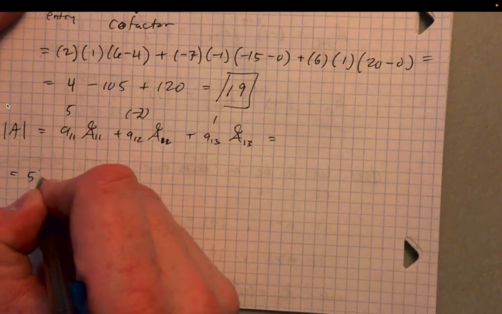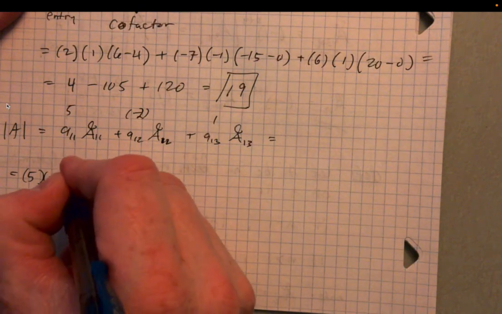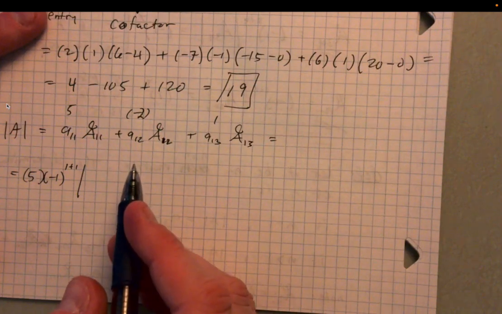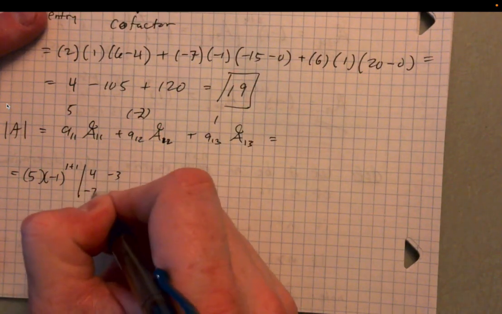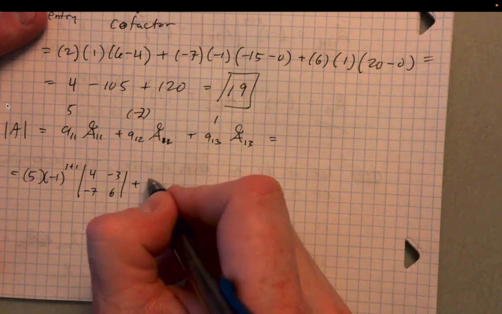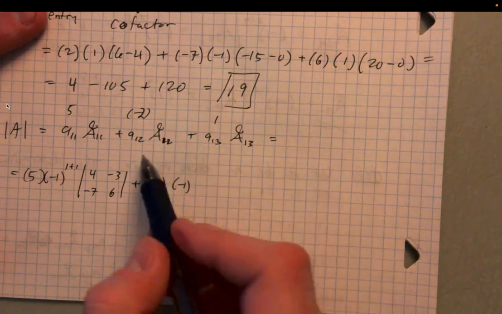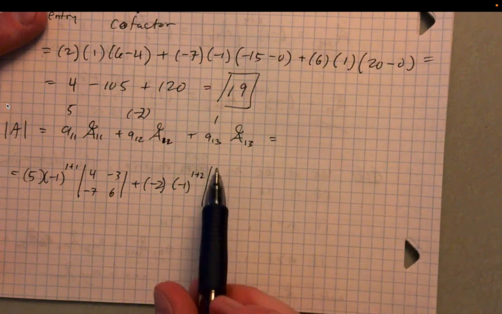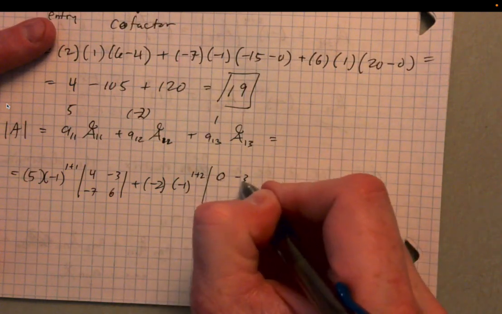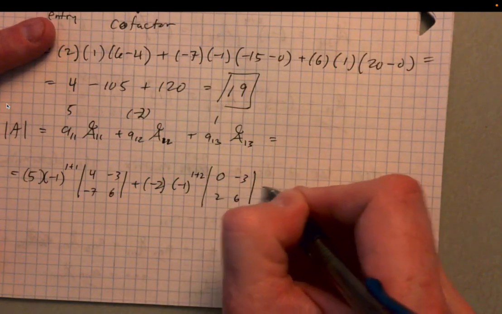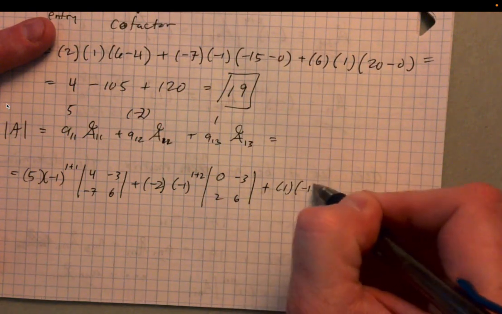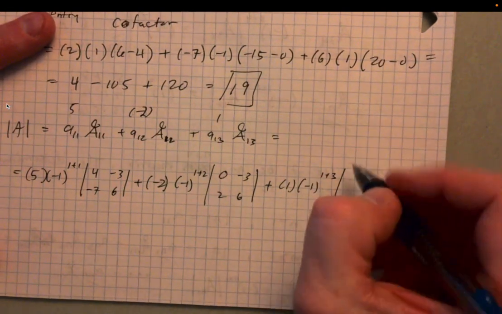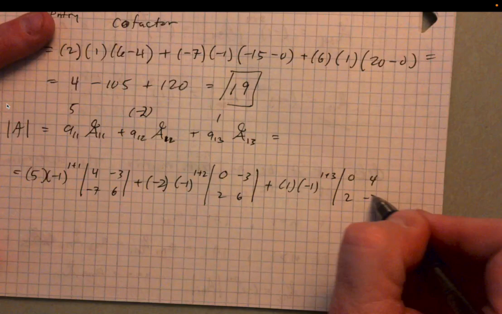Okay, so I've got 5 times negative 1 to the 1 plus 1 power times the submatrix, which would be 4, negative 3, negative 7, 6. Plus negative 2 times negative 1 to the 1 plus 2 power times the submatrix 0, negative 3, 2, 6, plus 1 times negative 1 to the 1 plus 3 power times the 1,3 submatrix determinant, which is 0, 4, 2, negative 7.